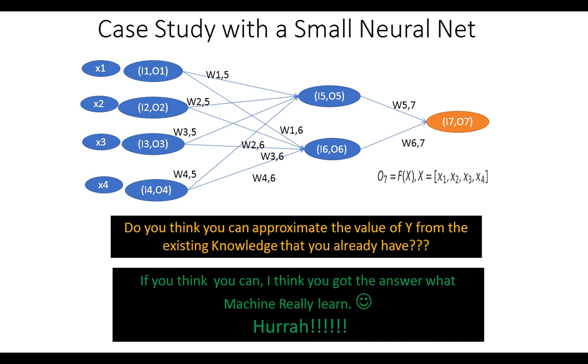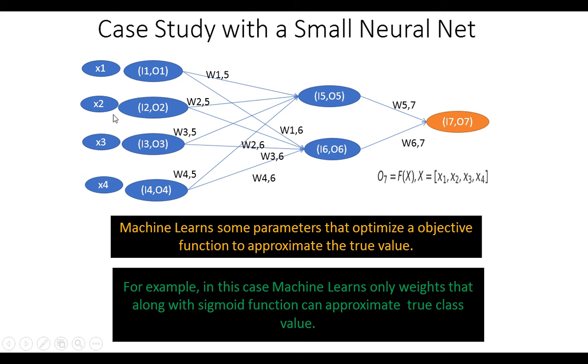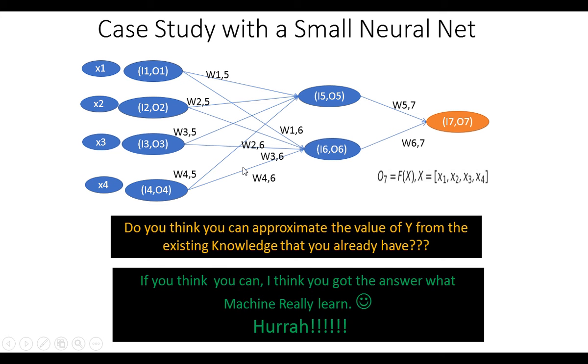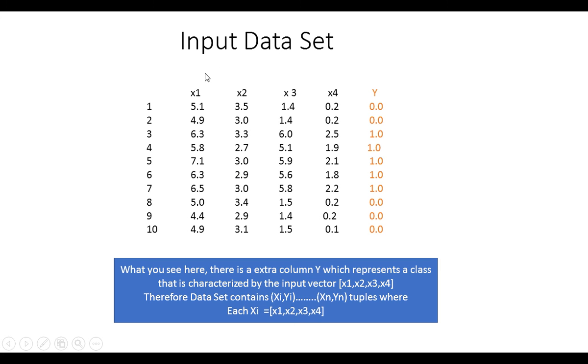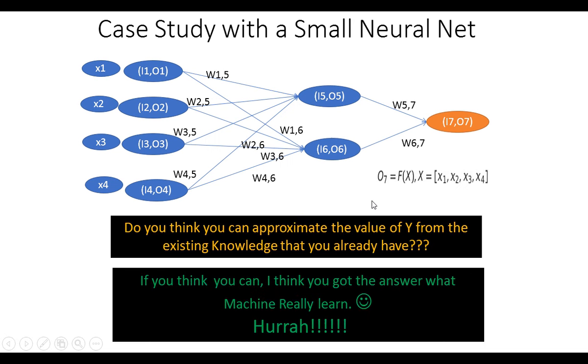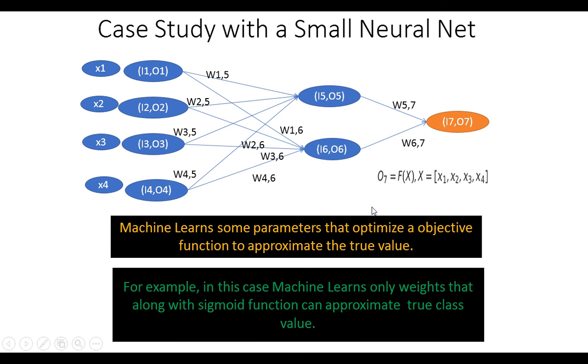So actually, if you know the technique of approximating the function, approximating the value of y, then you know what a machine actually learns. A machine actually learns some parameters to optimize our objective function. So we are saying that the machine learns some parameters to optimize the objective function here. In the case of a neural network, it actually learns the weights.